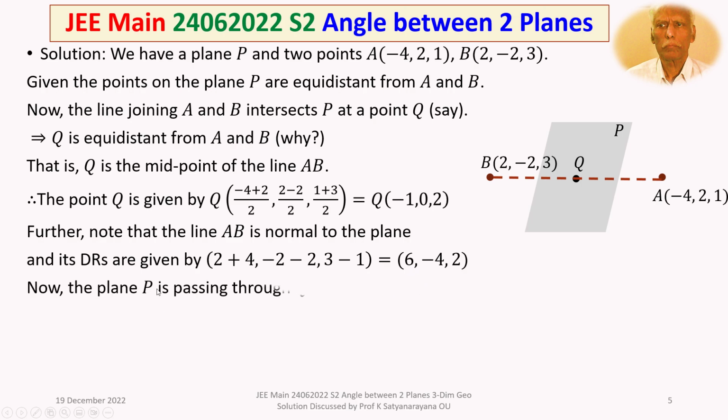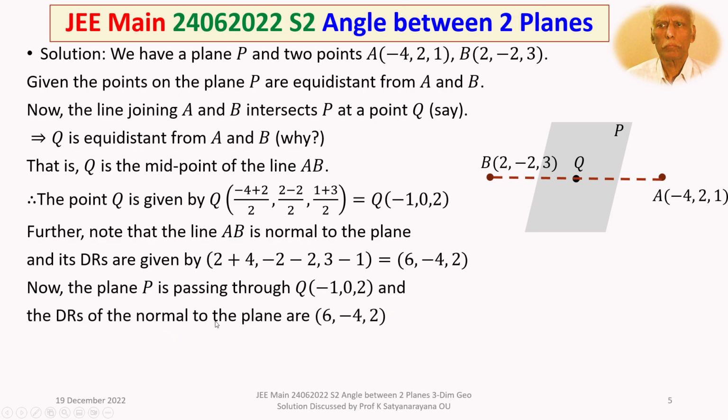So now the plane P is passing through the point Q with coordinates (-1, 0, 2), and the direction ratios of the normal to the plane are 6, -4, 2. Now we can write down very easily the equation of the plane.